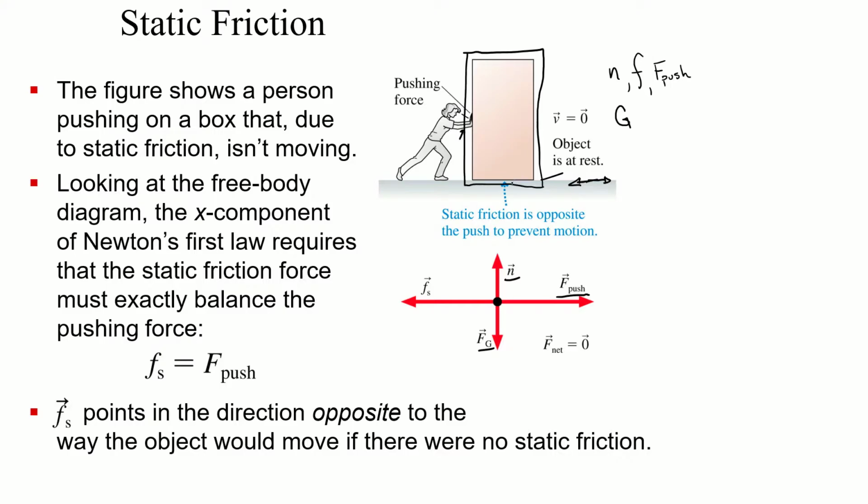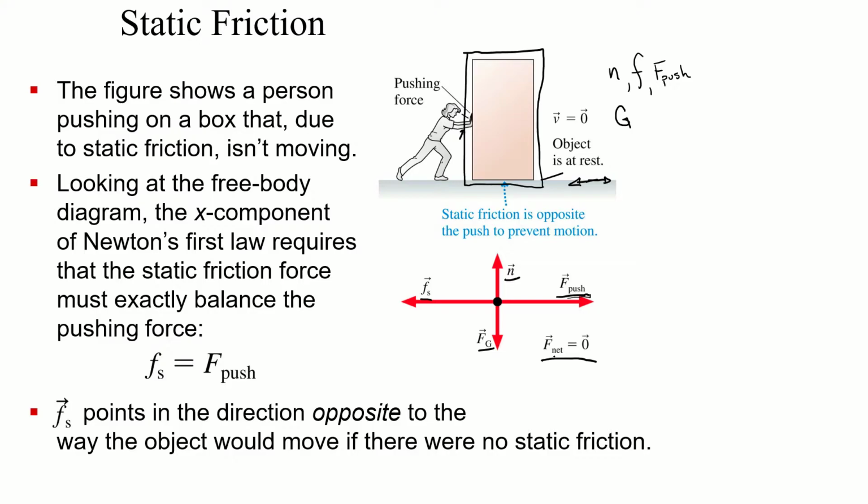And since we know that this is static friction, this box isn't moving, this force of static friction must counteract that force of the push. So it's going to be parallel to the surface and in the opposite direction of the push. The reason we know it's in the opposite direction is because it's static friction, it can't move relative to the floor, so it's in equilibrium.